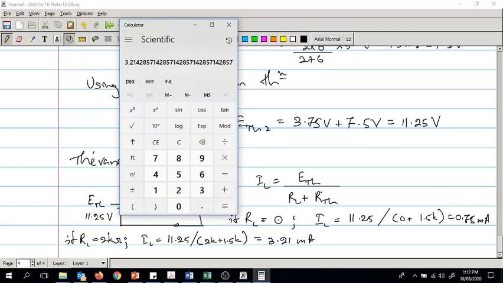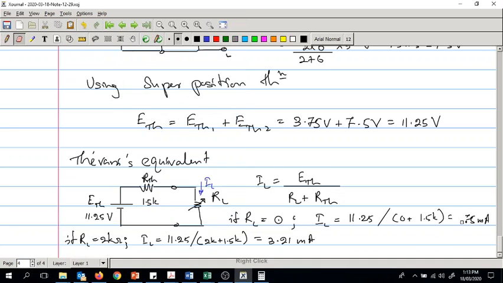Let's check if this is correct. 11.25 divided by 1.5 is 7.5 milliamperes, and in this case it is 3.5K.